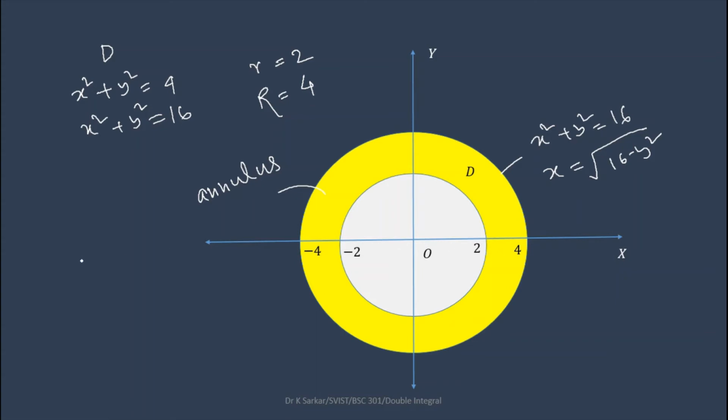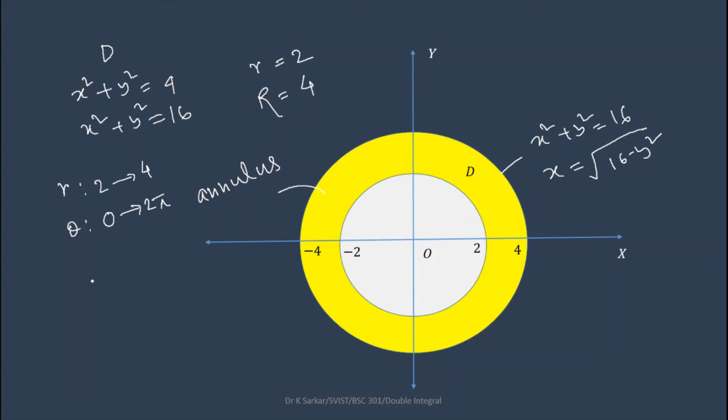So the limits for r are 2 to 4 and the limits for theta are 0 to 2 pi.